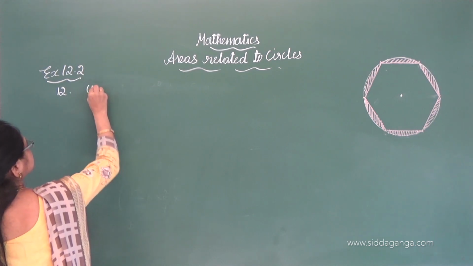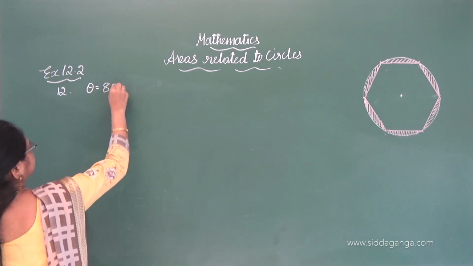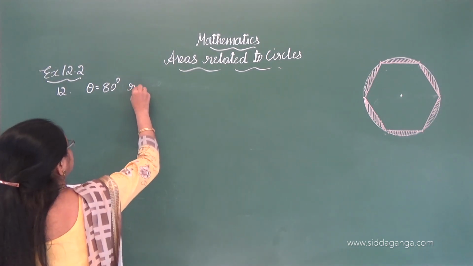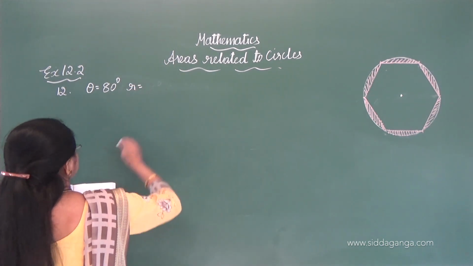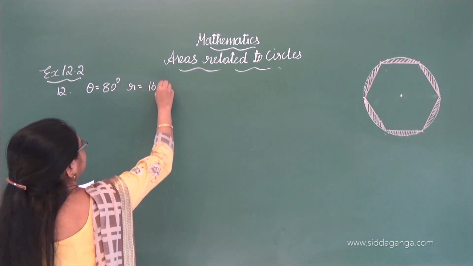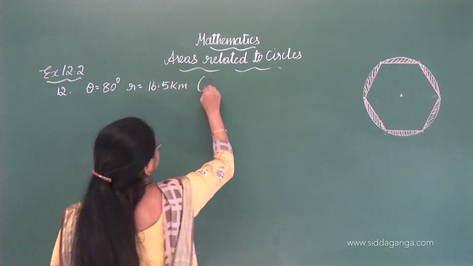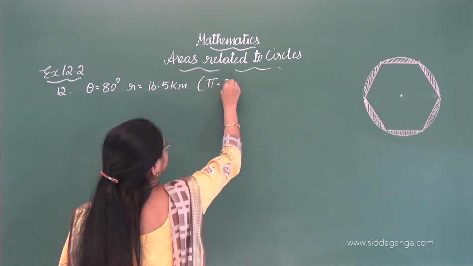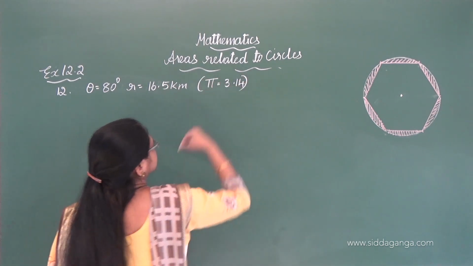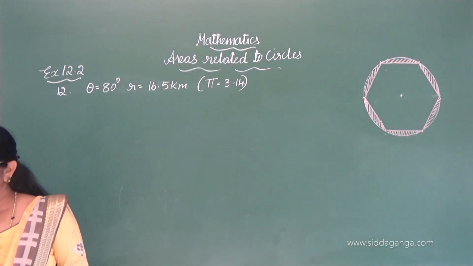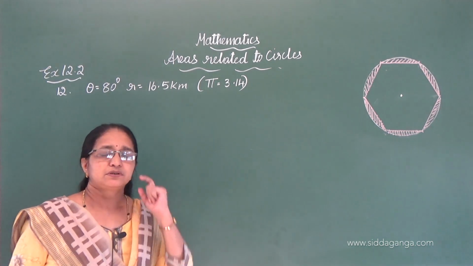Data is theta is equal to 80 degree and R is equal to 16.5 kilometer. So that is the radius of the sector, and here they are asking us to use pi is equal to 3.14. Okay.